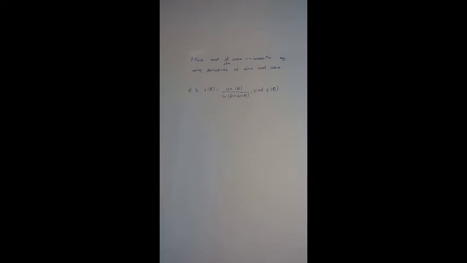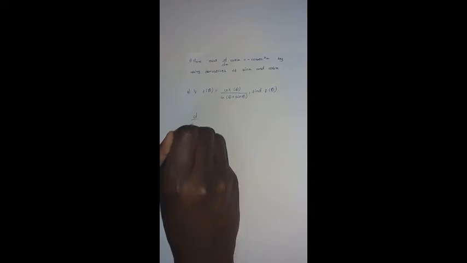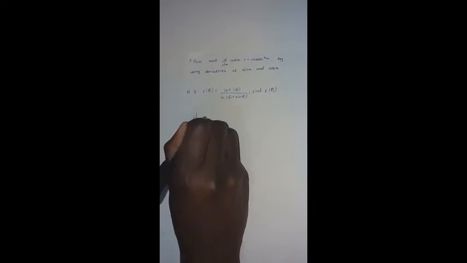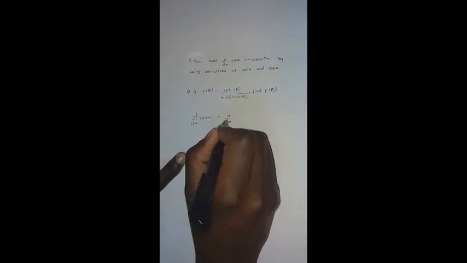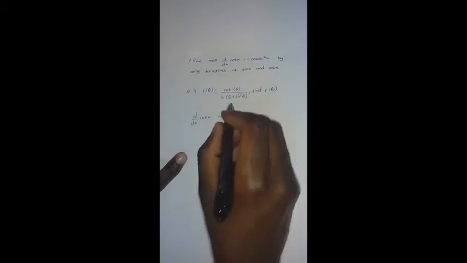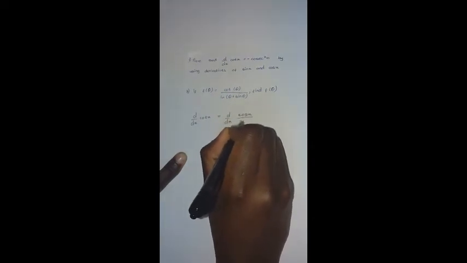So for this one, what you do is the derivative of cot x. So you have to know what cot x is, which is cos x over sine x. So cos x over sine x.